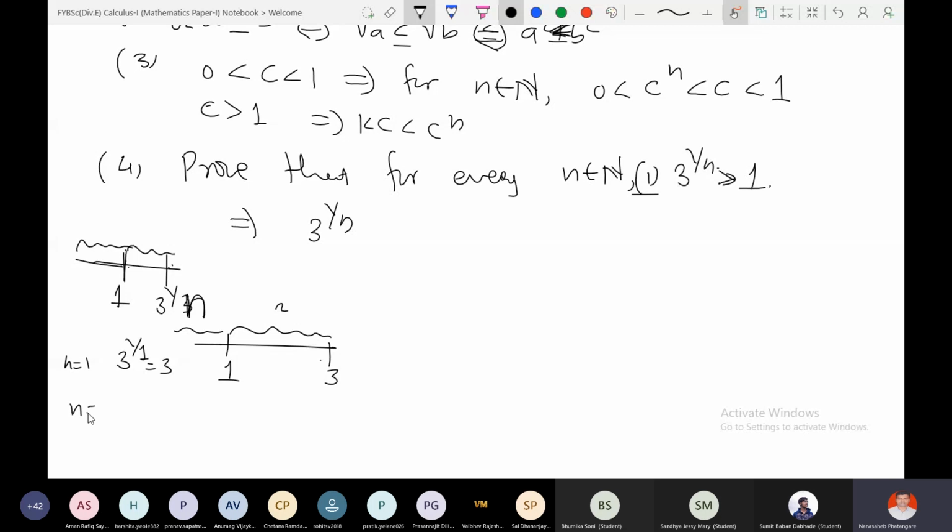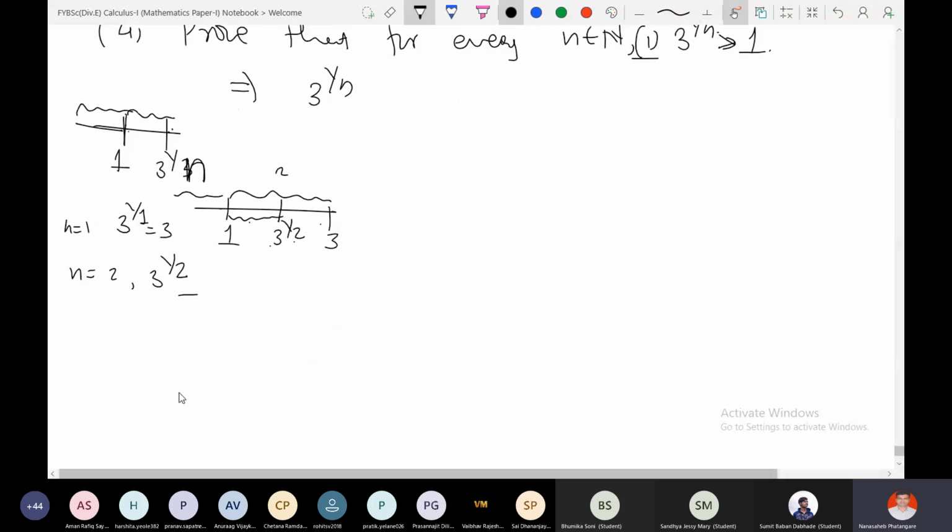Now if n is equal to 2, then 3 raised to 1/2 is the square root of 3, which is 1.732. It is somewhere right here, less than 3. Correct? Do you understand what I want to say? Whatever it is, some additional part is there, 1 plus something, because every time it is greater than 1.